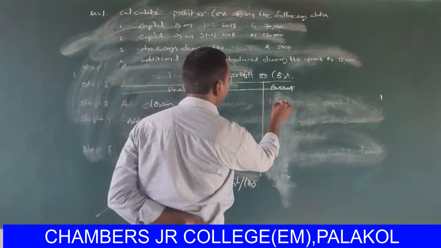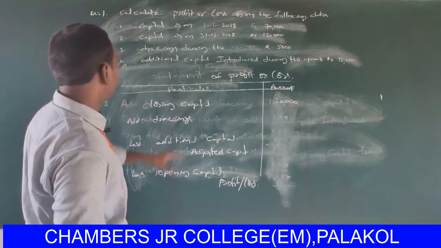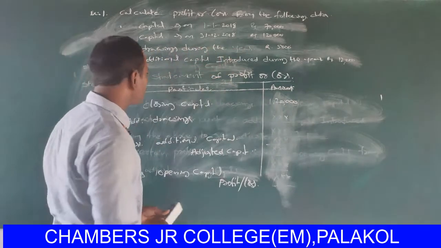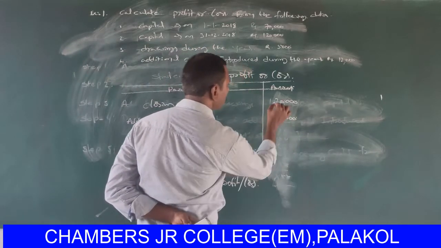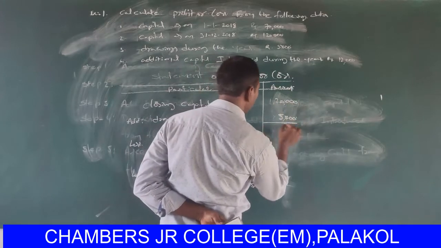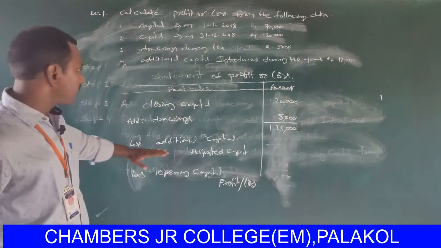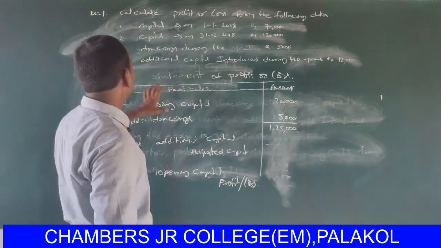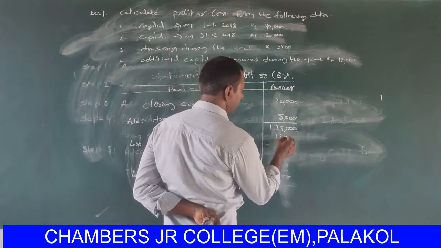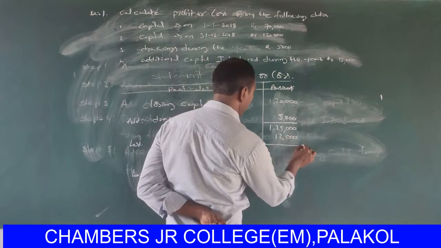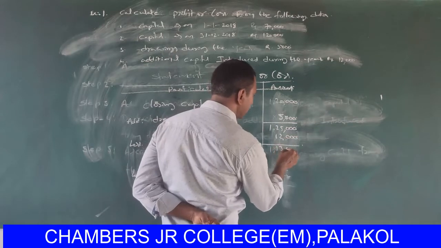Now you take 1,20,000 and add drawings during the year, rupees 5,000. 1,20,000 plus 5,000 is 1,25,000. Next, less additional capital introduced during the year, 12,000. 1,25,000 minus 12,000 is 1,13,000.